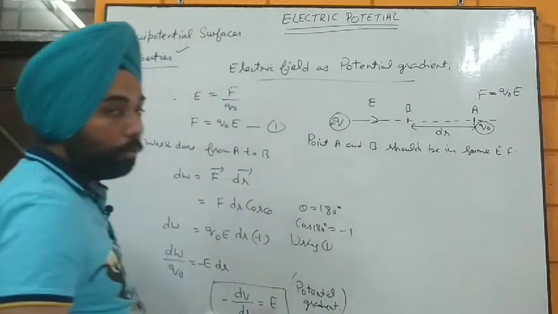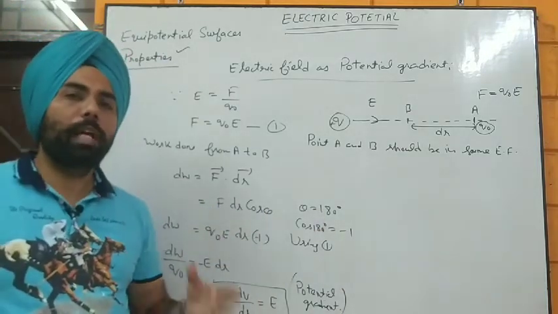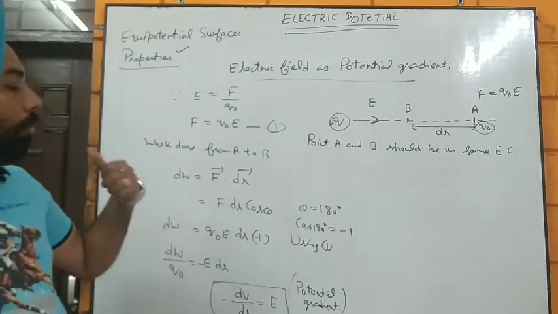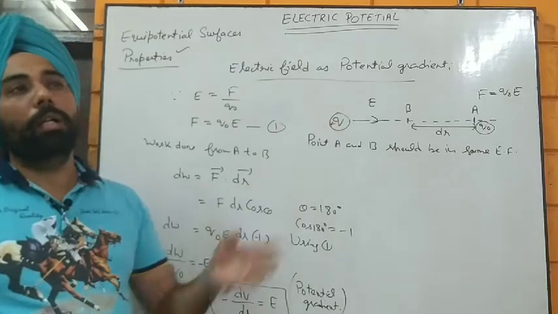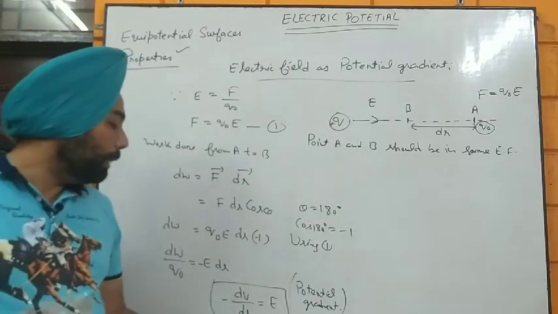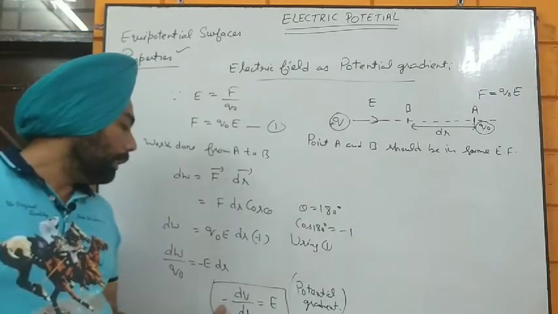And one smart trick for you: for every gradient, you can have a pressure gradient, whatever, and in your future studies you will have many gradients. Every gradient is divided by the displacement, and 99% of the time we take it as negative.